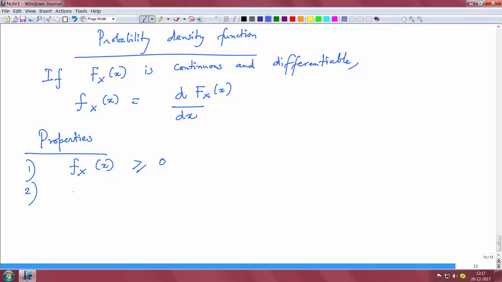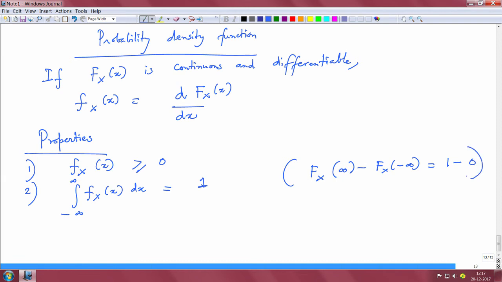Then the density should integrate to 1. Why? Because how do you compute this quantity? It is F_X of infinity minus F_X of minus infinity, which is 1 minus 0, and that is why you get it as 1.